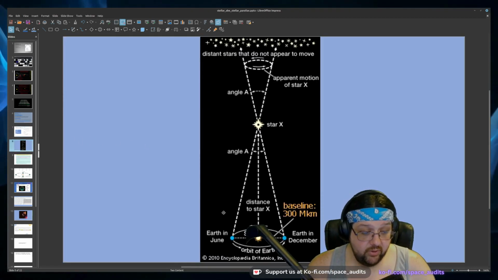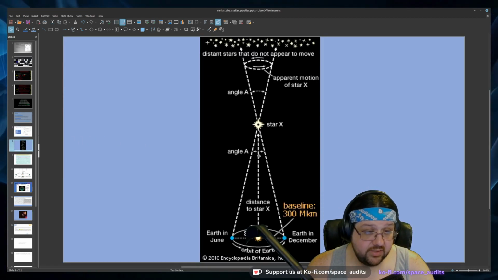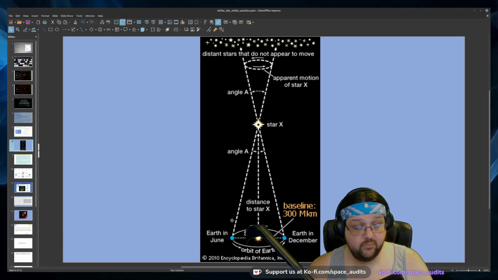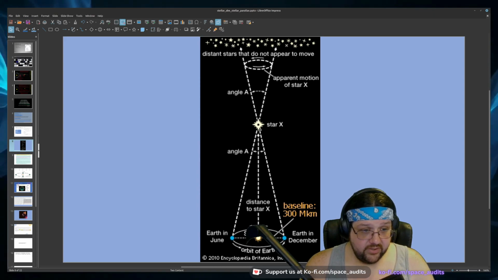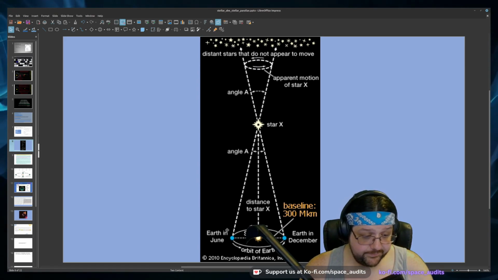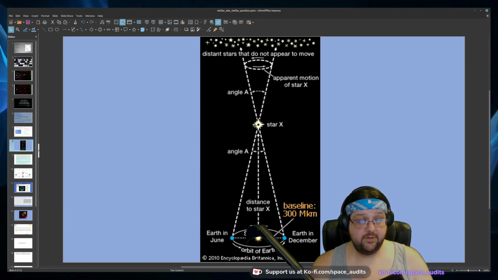So real quick though, what is stellar parallax and what is it actually telling us? Well, we have stars out here. We have stars that appear to be fixed, and we have a slight displacement over time.